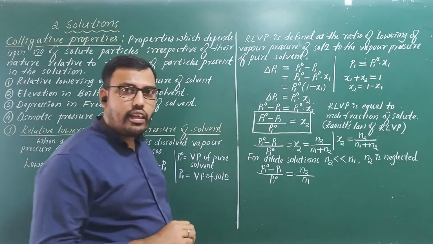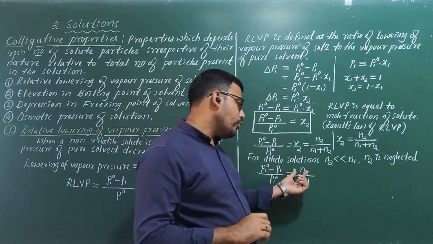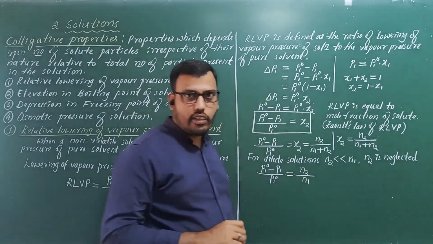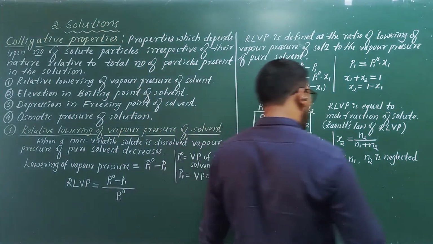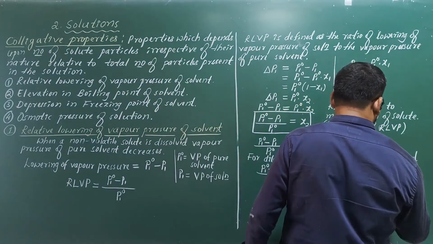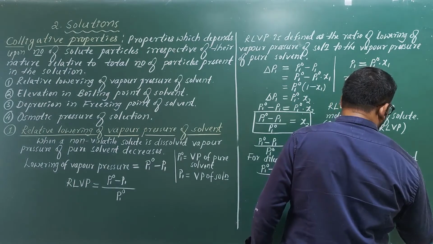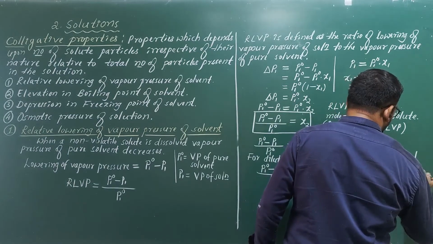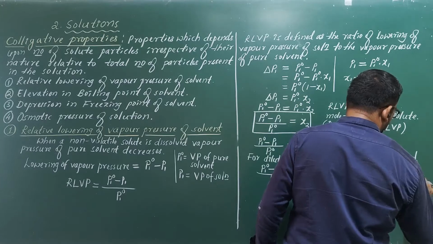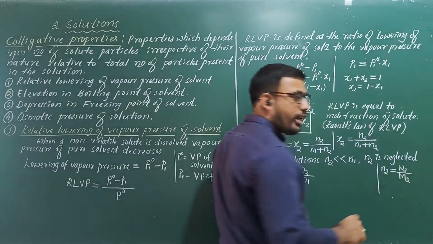Now let us substitute the values of N2 and N1. N2 is equal to W2 divided by M2, mass divided by molar mass.